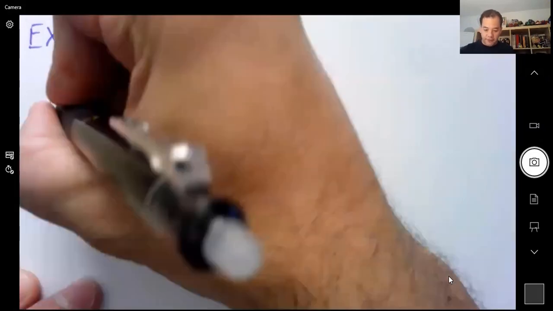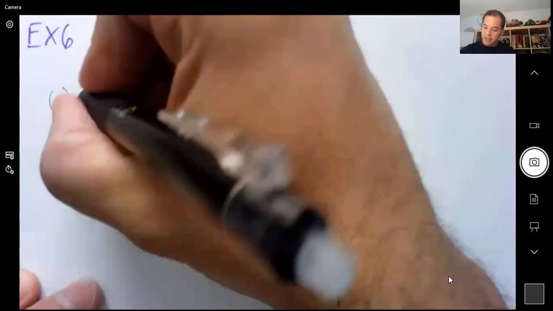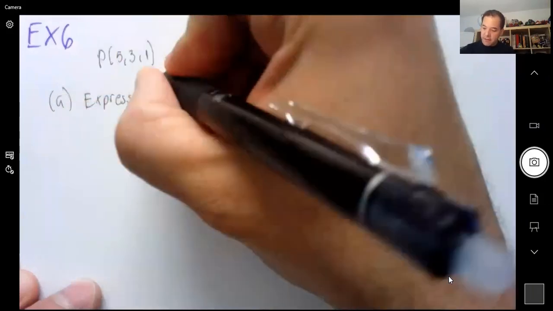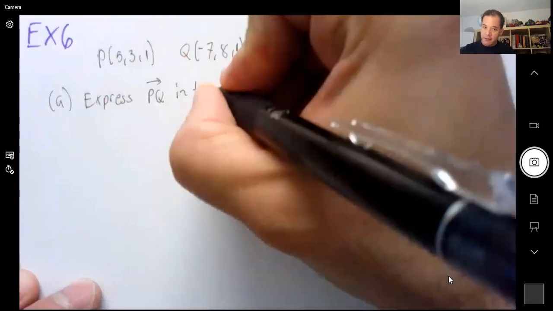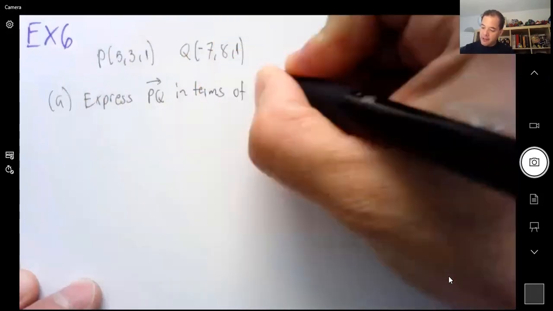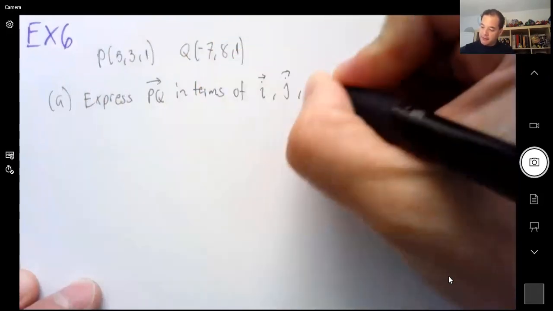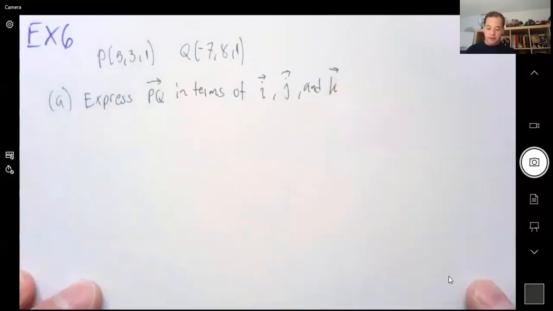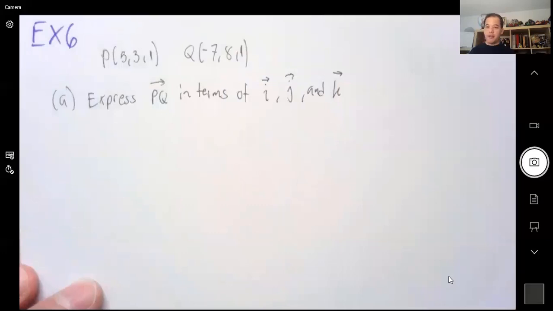Part A first asks us to express the vector PQ in terms of i, j, and k. Remember that when I write it, I put the arrows because I cannot write bold, right? But in the book, all of these are written in bold font, okay?